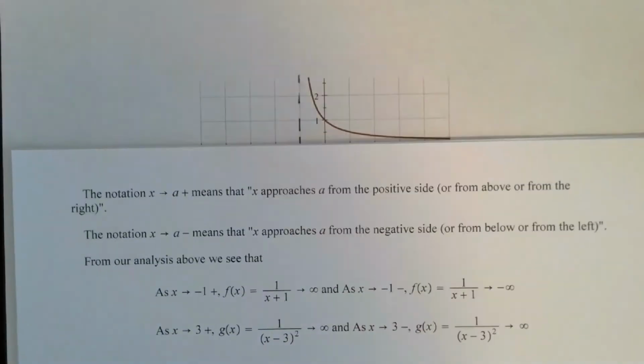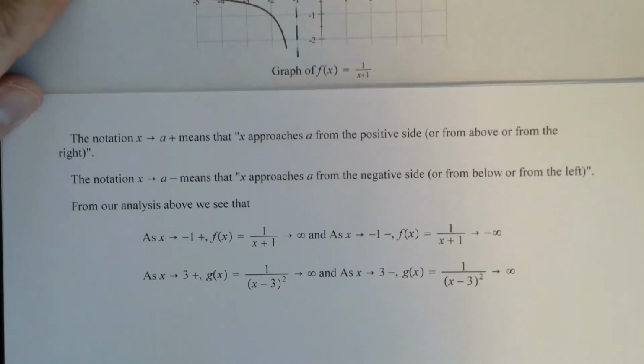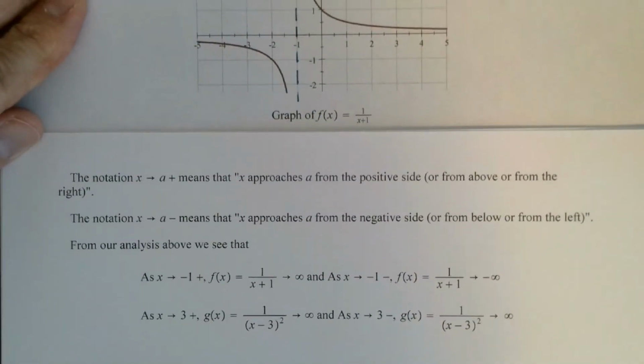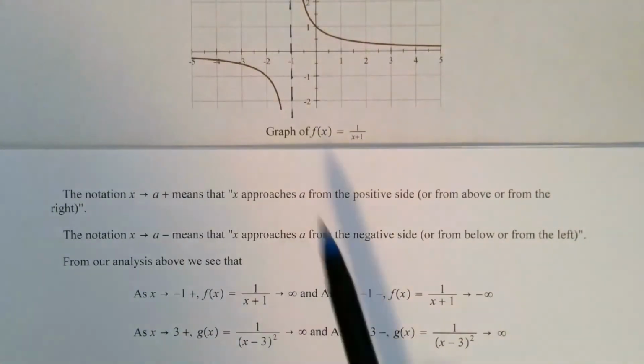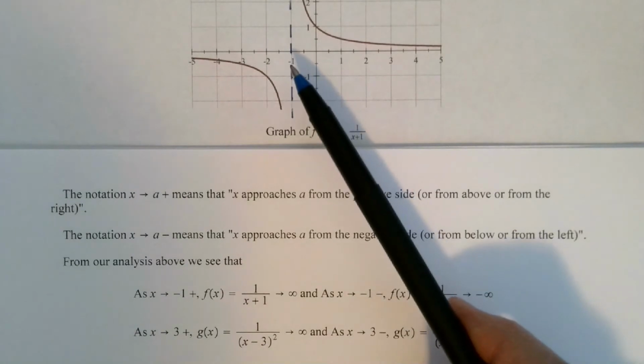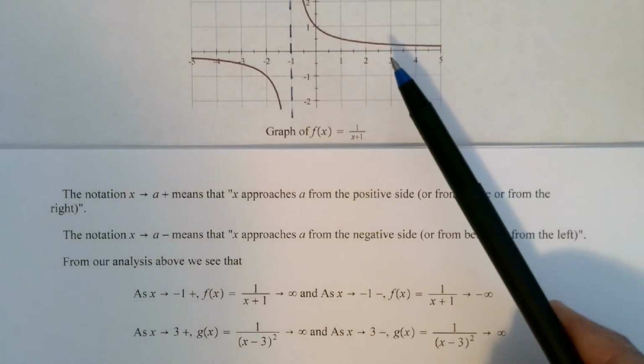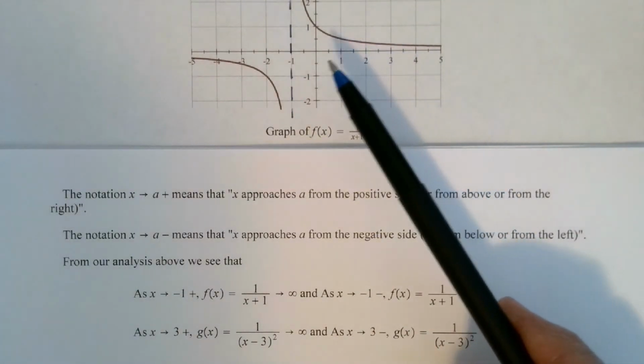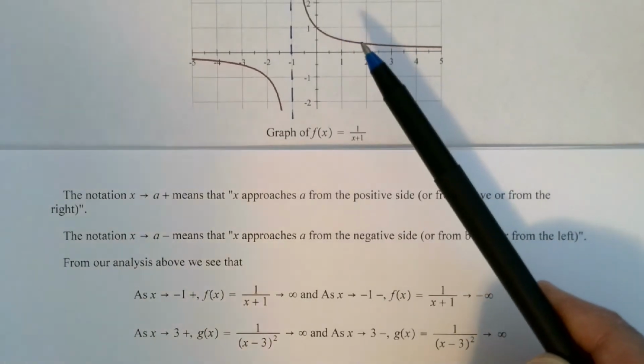And so what we saw with the first function f, let's get that graph up here if we can. What did we see with the first function f up here? As x got close to -1 from the positive side, so here's x equal -1, as we approach -1 along here from above, what was happening to the function?